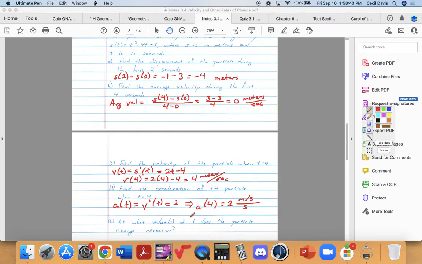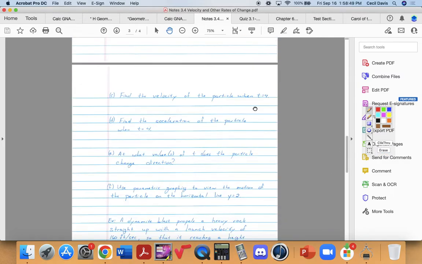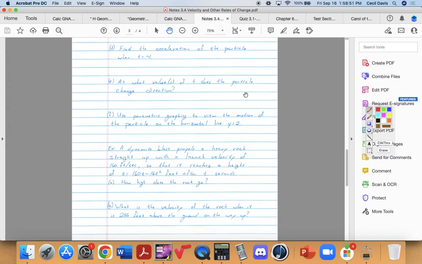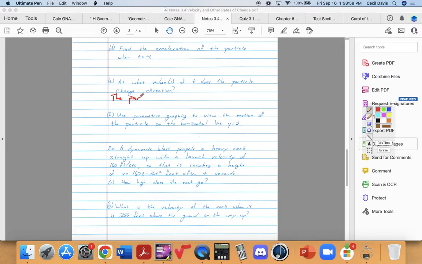All right, at what values of t does the particle change direction? So, here's an important thing for you to know. The particle changes direction when velocity changes sign.